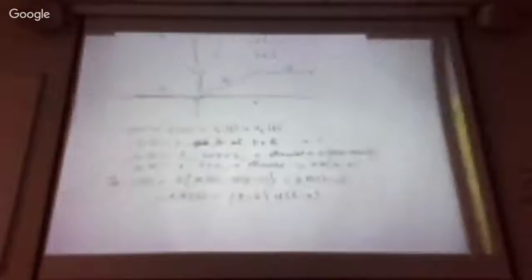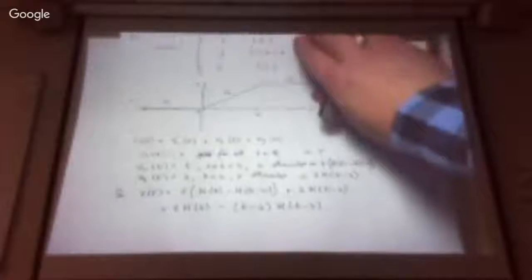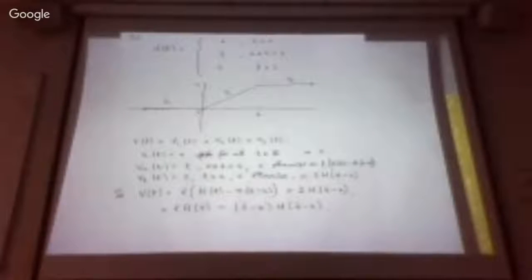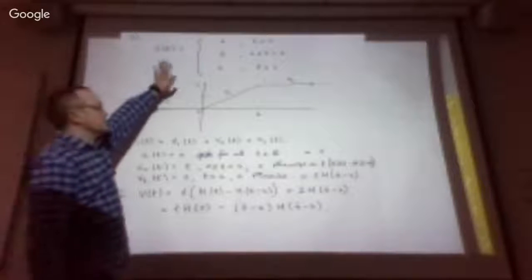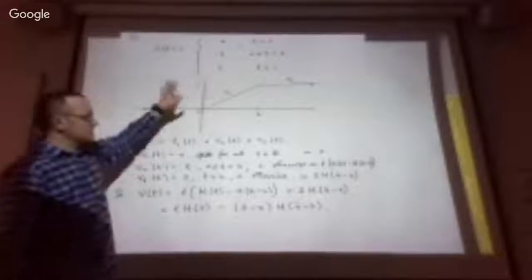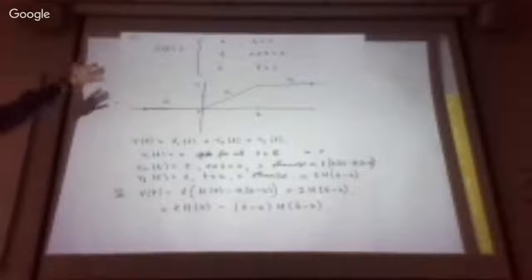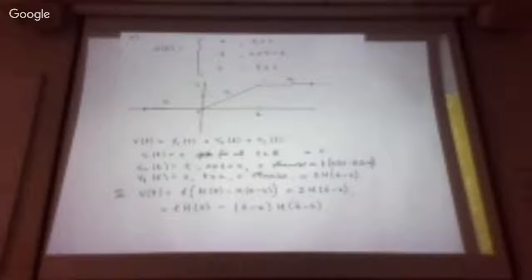That example shows you, in the previous two examples, we started off with the Heaviside expression and then investigated and found the piecewise definition and what the graph looked like. Here we're starting with the piecewise definition.